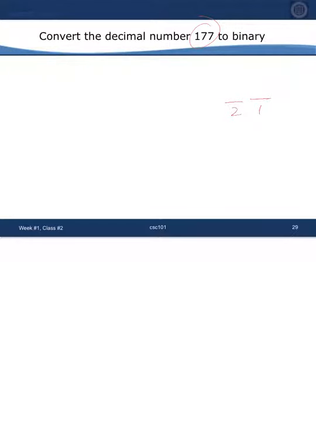So 1s, 2s, 4s, 8s, 16s, 32s, 64s, 128s, and I know the next one, which is 256, I'm not going to be able to afford. So I'm going to stop there. That's also 8 bytes.